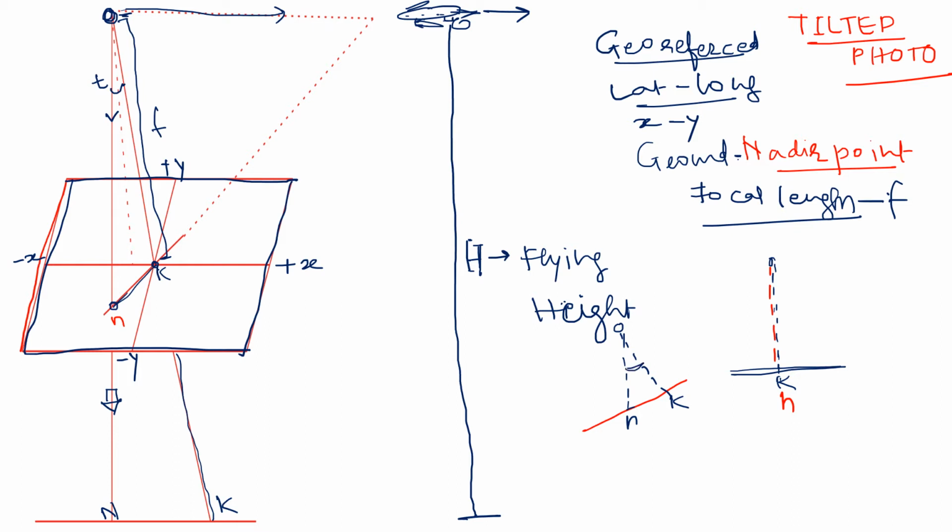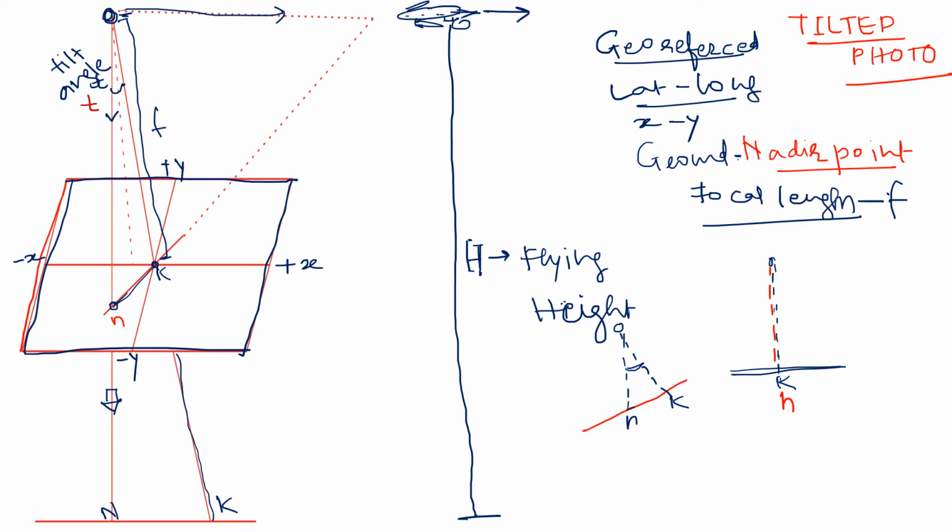The nadir point and the principal point form some angle. That angle is called the tilt angle, denoted as T.